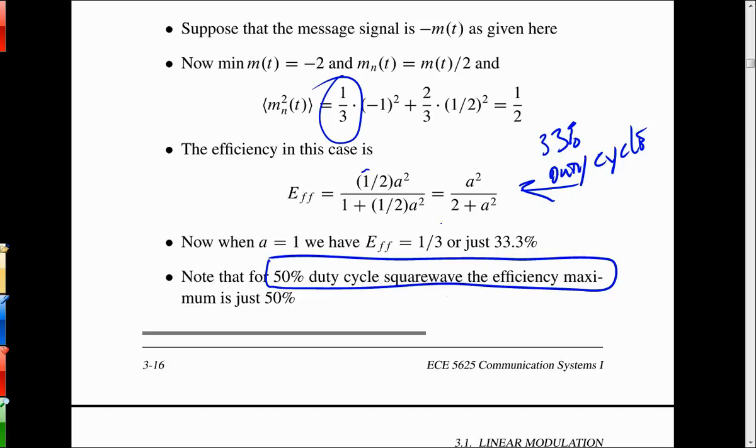I don't have it worked out, but I know that it approaches 100%. But then you're sending a zero duty factor waveform, which doesn't represent anything practical unless it was, like I said, a radar kind of signal. Radar would be the only example I can think of where that would make sense, sending a very short pulse like that.